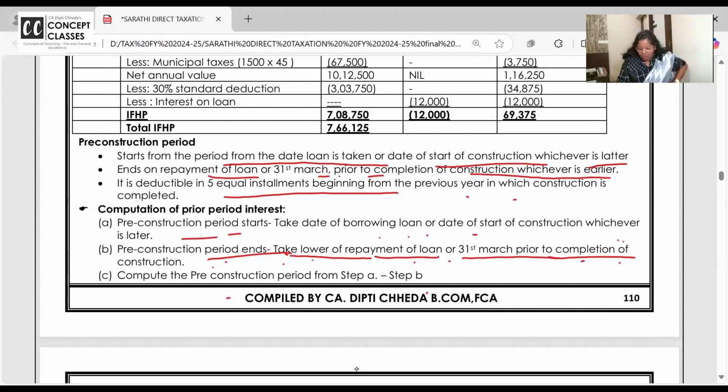Pre-construction period ends on repayment of the loan, 31st March 22, or completion of the construction, 31st March 23, whichever is earlier. And don't ratify logically, dear students. If the loan is only repaid in 22, bye-bye. Why am I taking interest for 22, 23? Whom am I paying interest? Fit it in your mind.